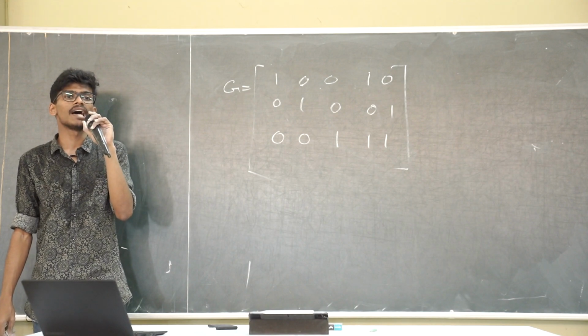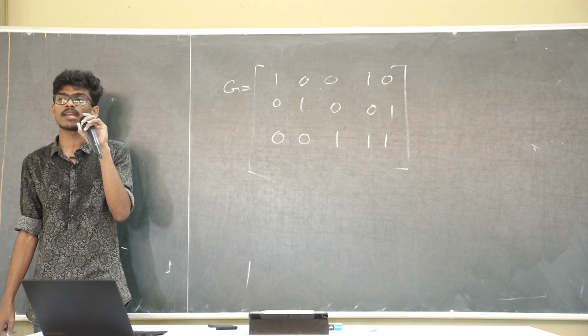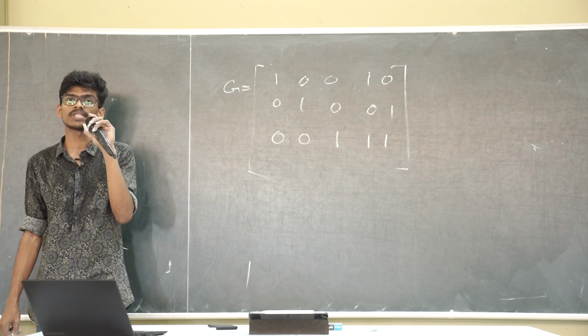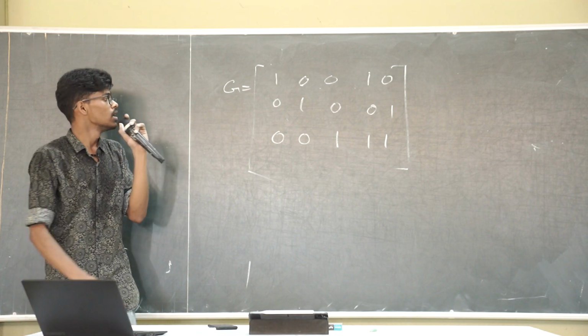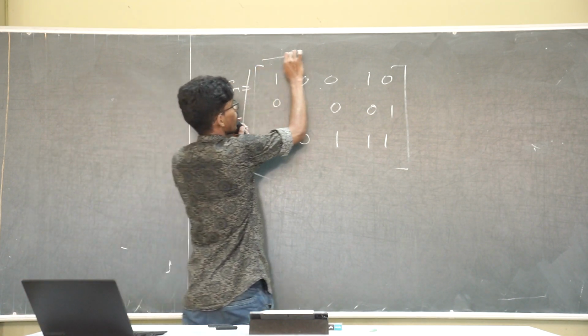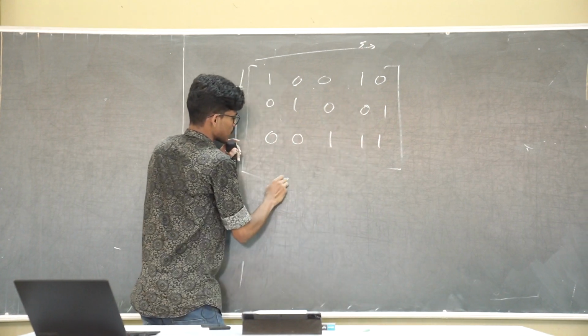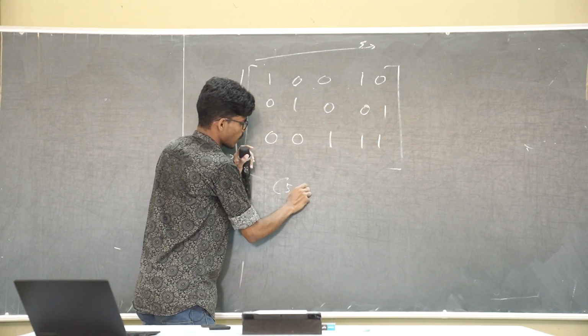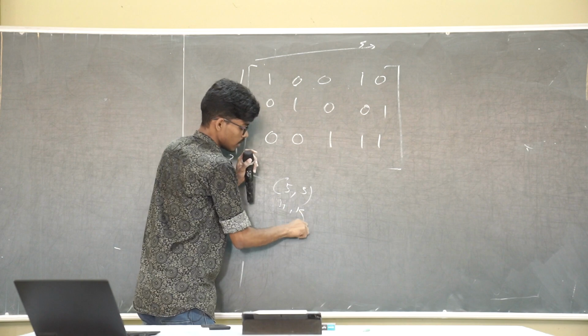What is the representation of this one? How many rows and how many columns? 3 rows and 5 columns. So its representation is (5, 3) or (n, k).